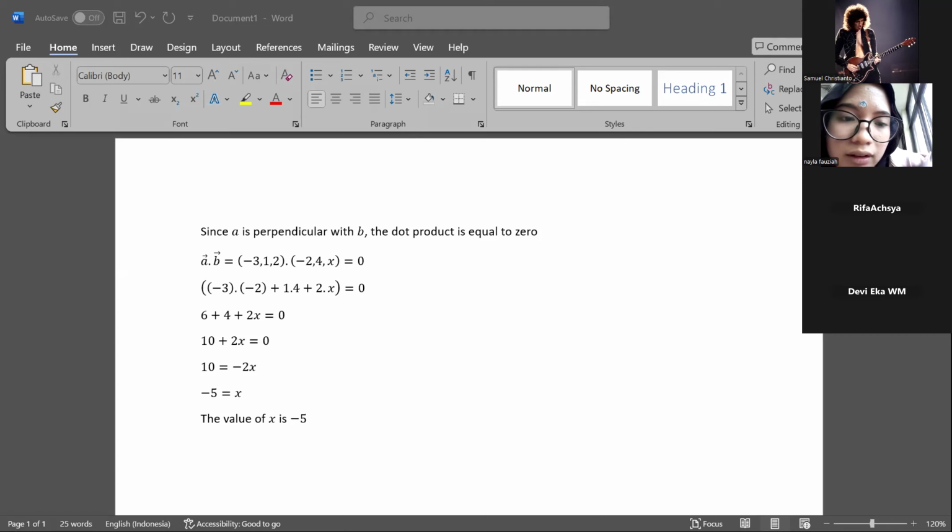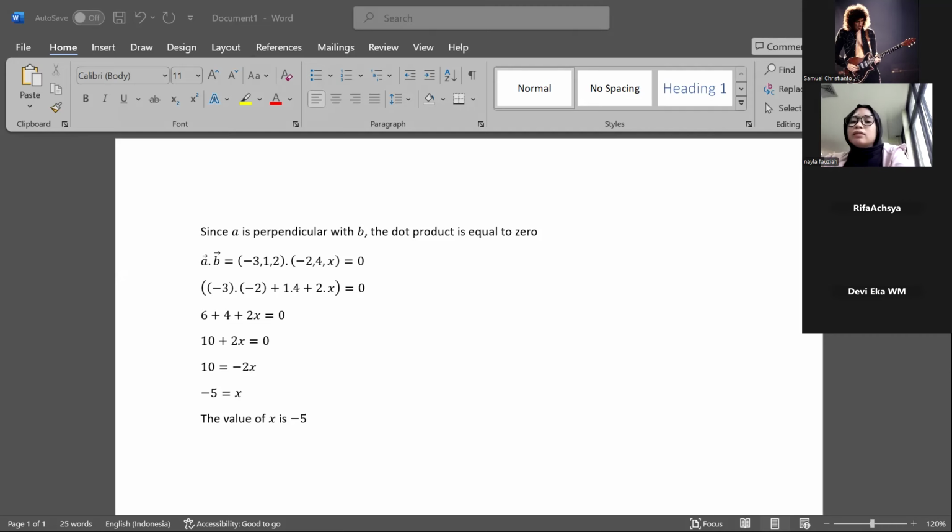Since A and B are perpendicular, the dot product of both vectors is equal to 0. So this is A dot B equals -3, 1, 2 times -2, 4, and x equals 0.